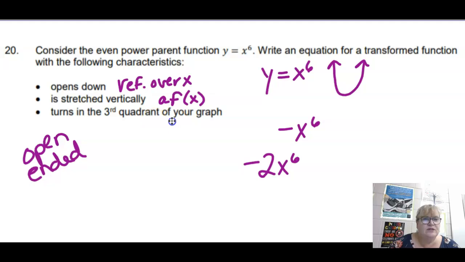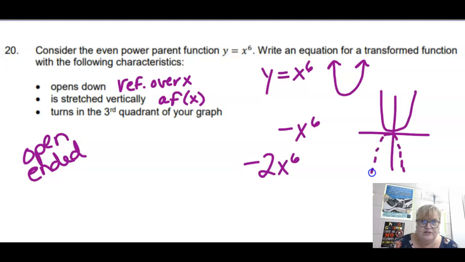Turns in the third quadrant of your graph. So the turn it's doing right now is at 0, 0. This was original. We flipped it upside down and stretched it, okay? And it actually looked narrower because it went up faster. But they want this point that was at 0, 0 to move over here somewhere into the third quadrant.